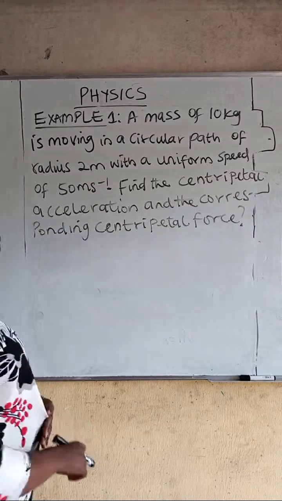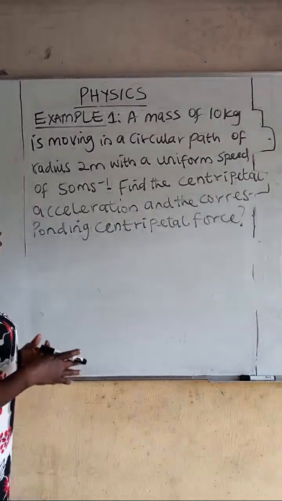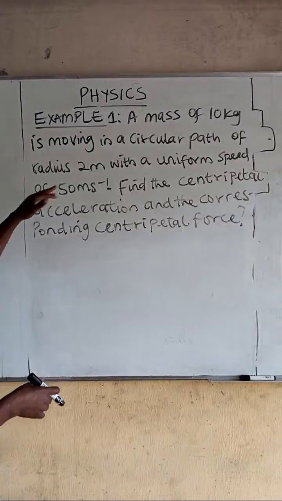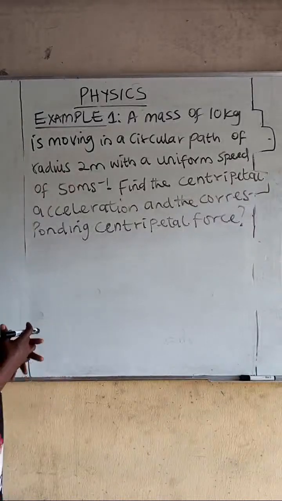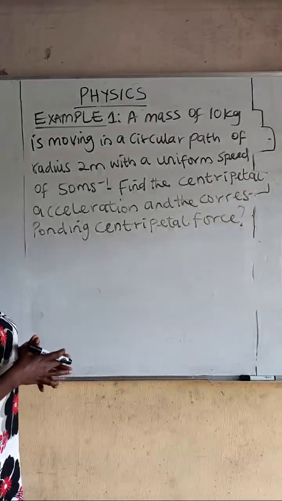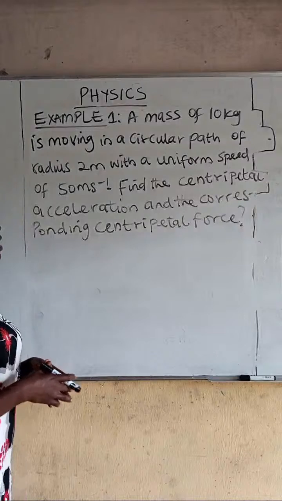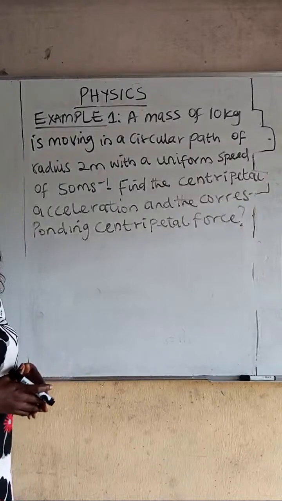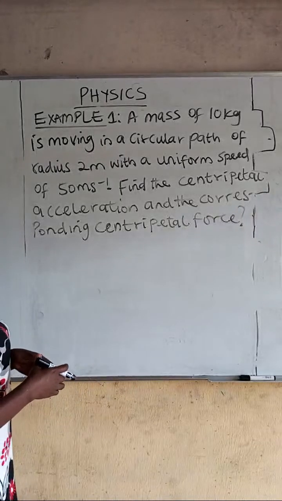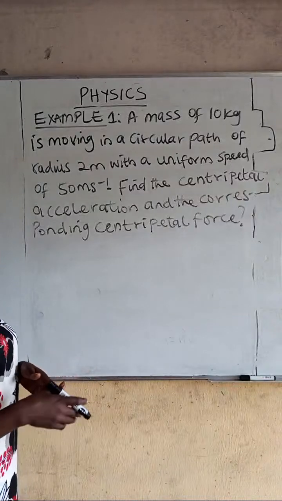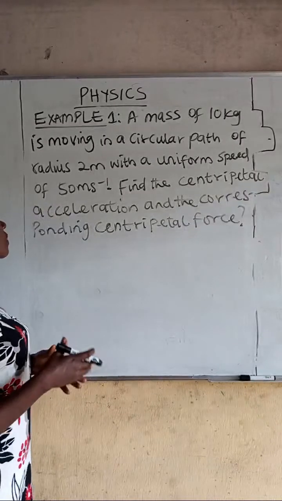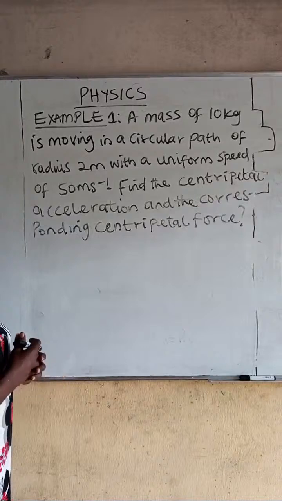Okay, let's solve together. A mass of 10 kilograms is moving in a circular path of radius 2 meters with a uniform speed of 50 meters per second.